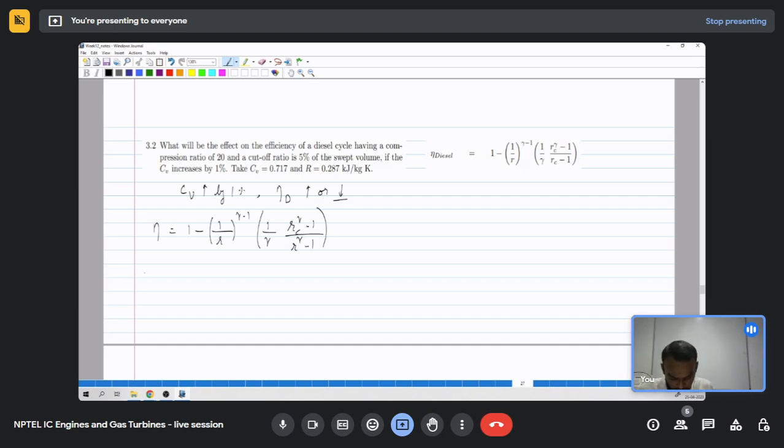So now if we write 1 minus eta, like in the previous case, we will have 1 by r power gamma minus 1 by gamma, rc power gamma minus 1 divided by rc minus 1.